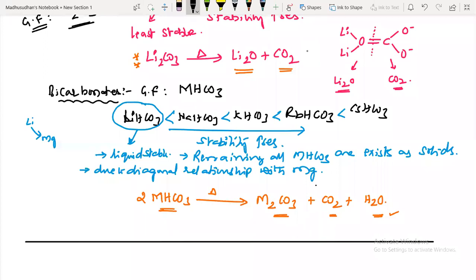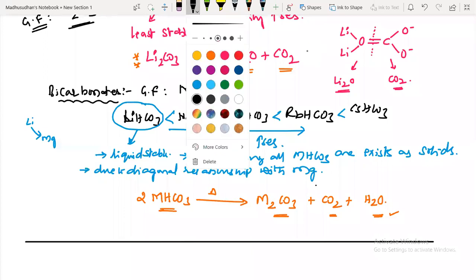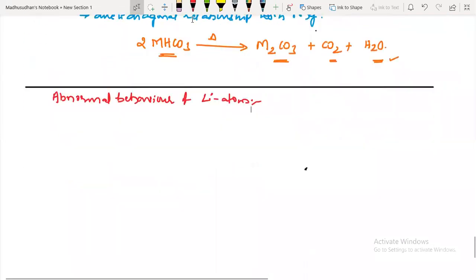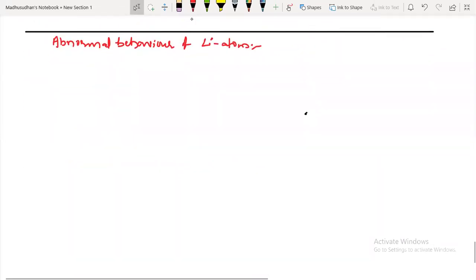Next, I'll talk about some abnormal properties of lithium. Abnormal behavior of lithium atom. So what are they and why does it show abnormal behavior?